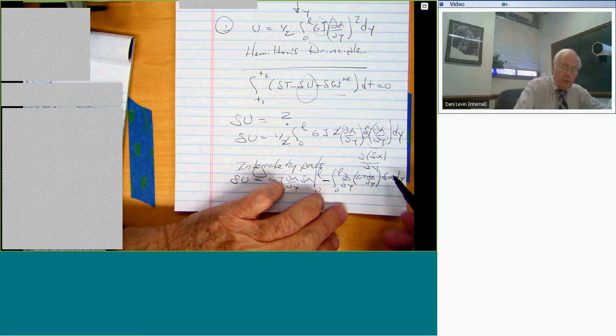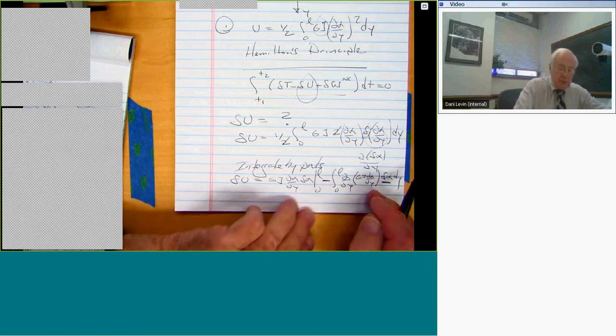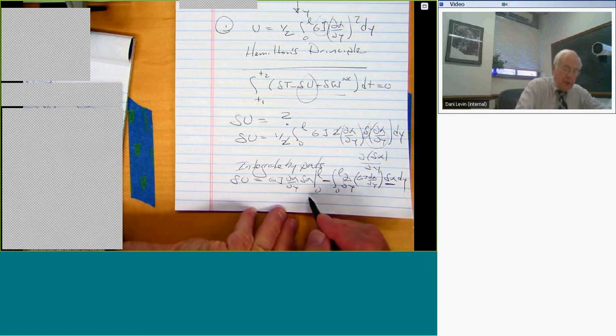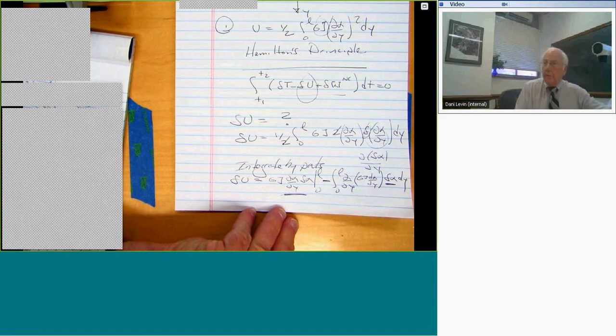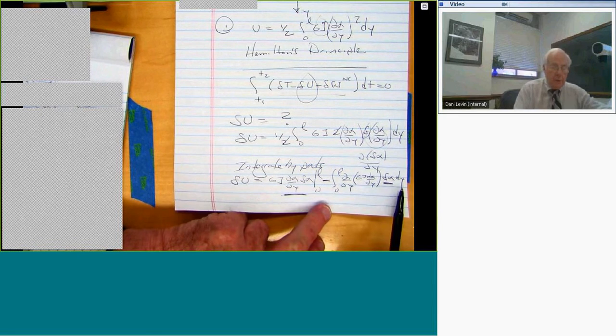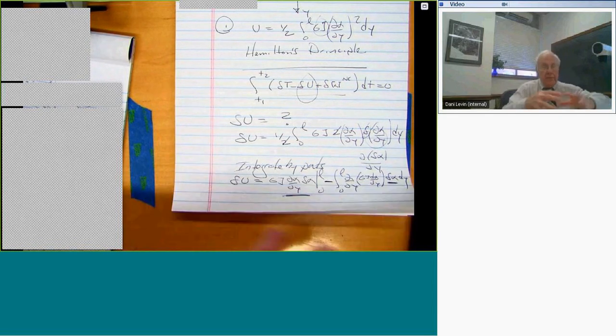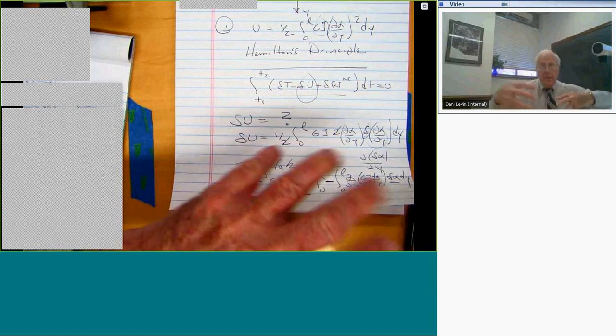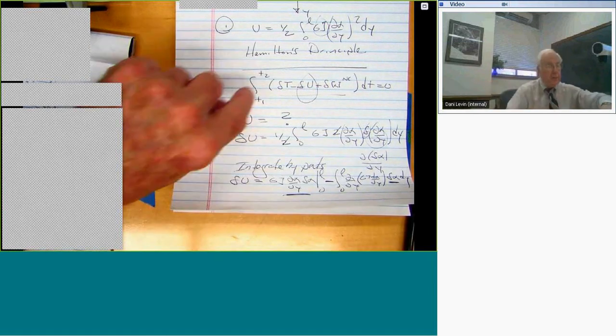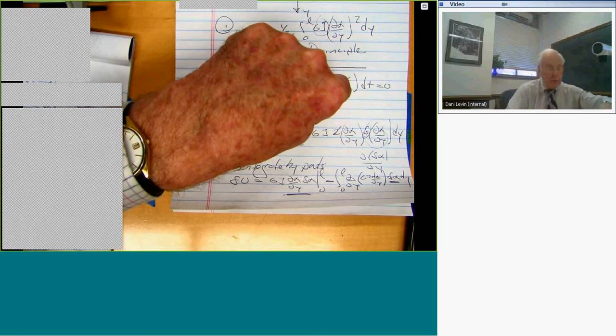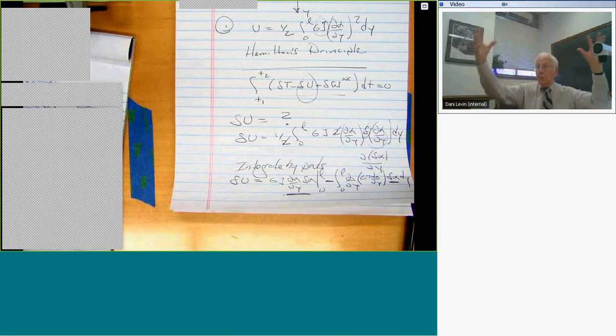Okay. So now I've got what I want, but if you like, I got more than I want. Actually, not more than I want. I want this too. So at some point, you're going to make the following kind of argument. You're going to require that everything that multiplies del alpha is under the integral sign. And by the way, there are going to be contributions from the kinetic energy and the virtual work, as well as this contribution from del U. So all those terms collectively will multiply del alpha.